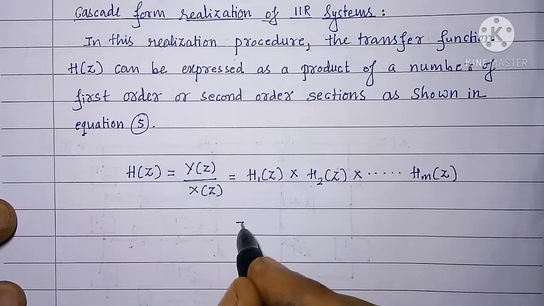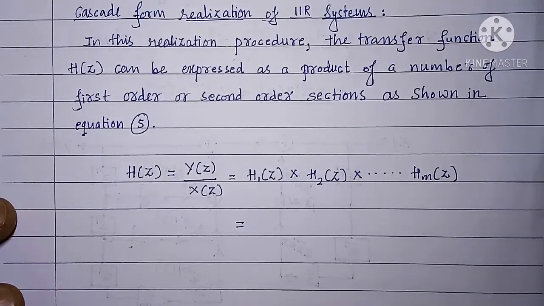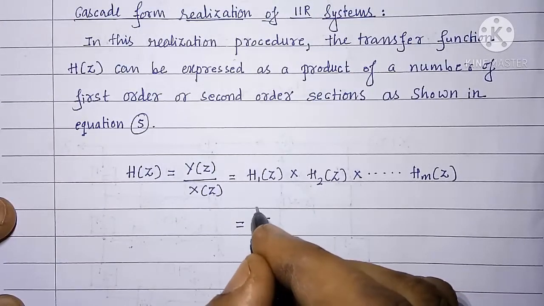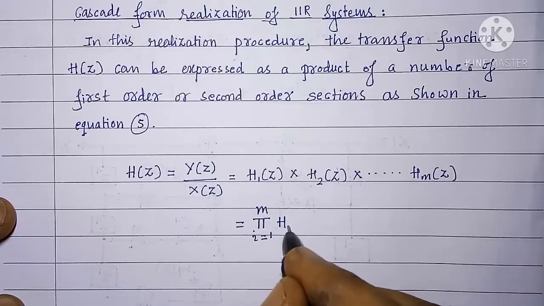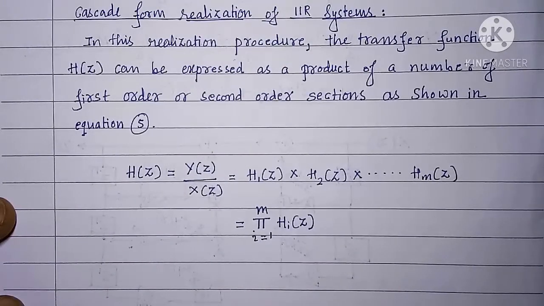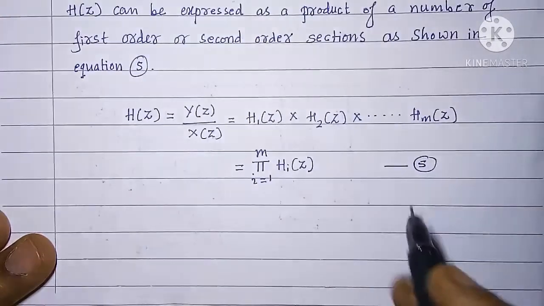Symbolically we can write the product of these m number of transfer functions as product of Hi of z, where i varies from 1 to m. Let us call this equation 5 now.